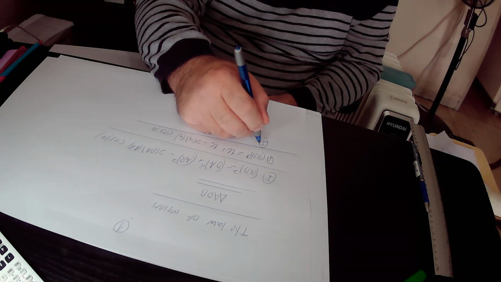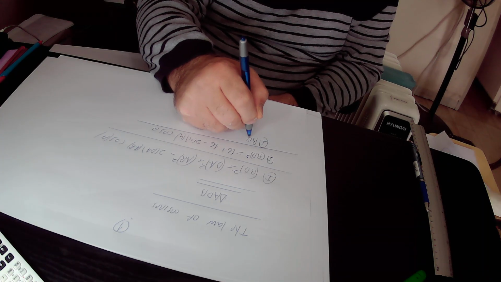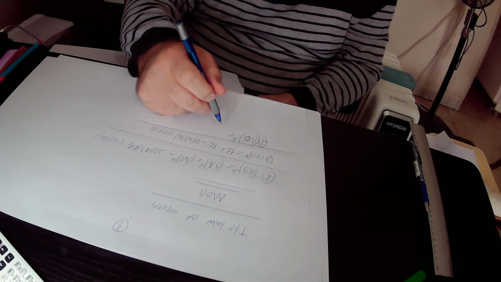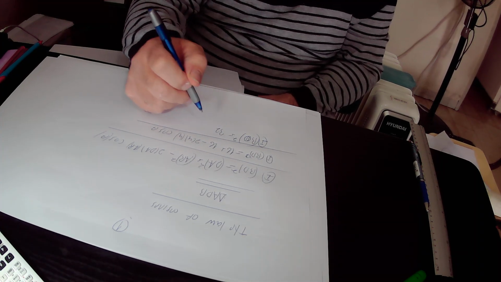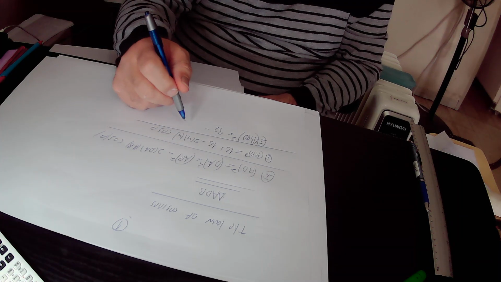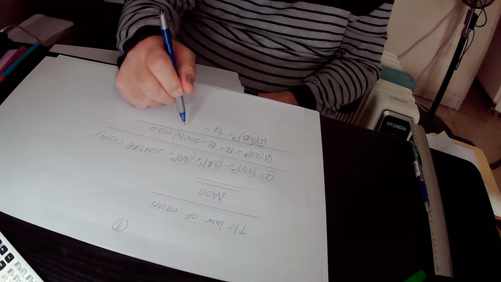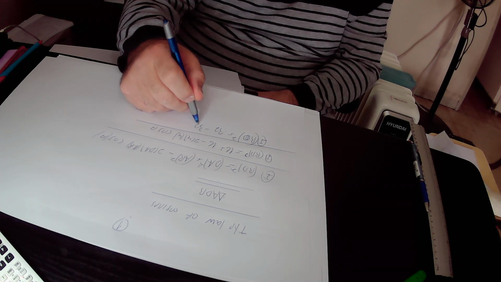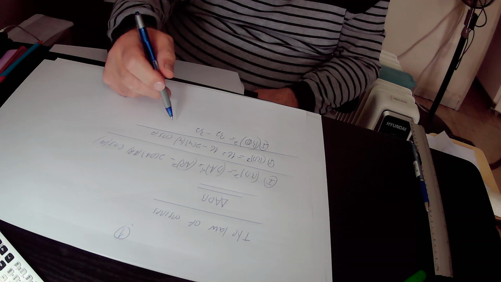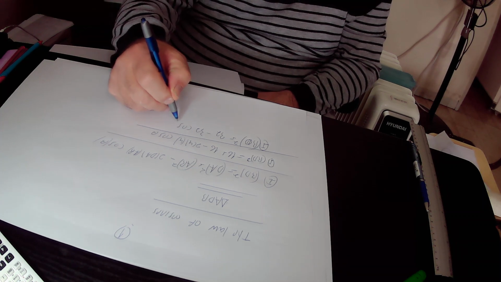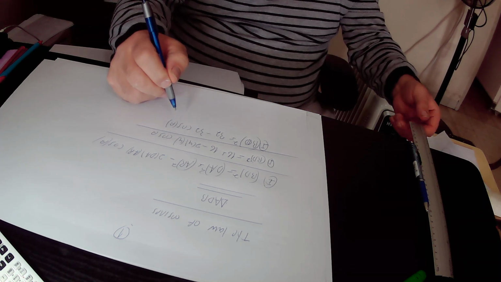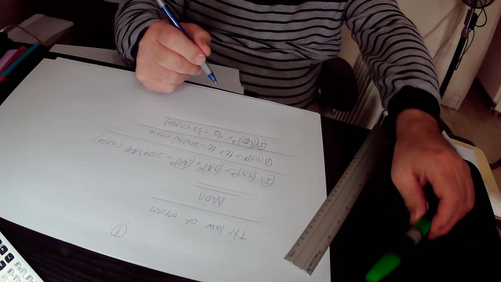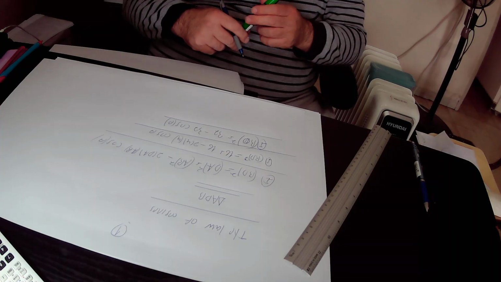So BD squared equals 16 plus 16 is 32, minus 2 times 16, which is 32, times cosine theta. So according to equation 1, BD squared equals 32 minus 32 cosine theta.